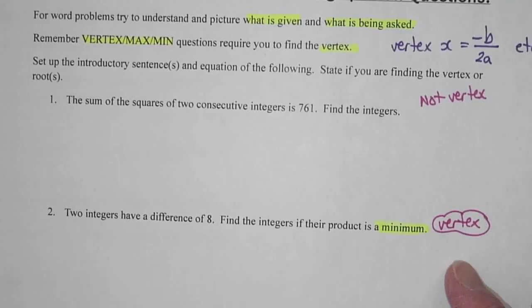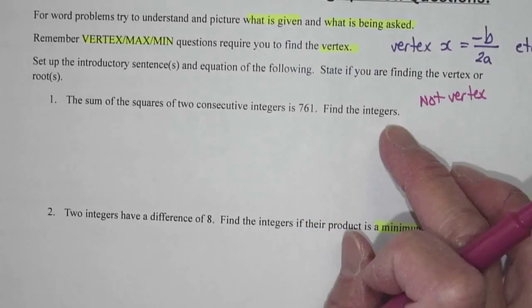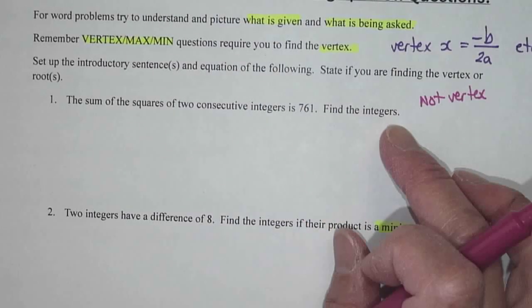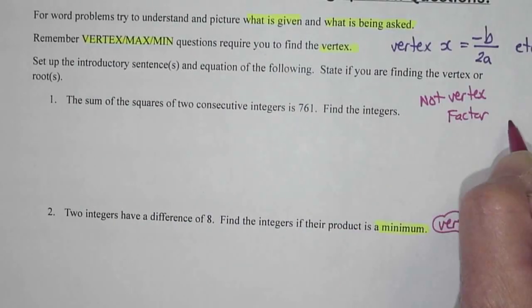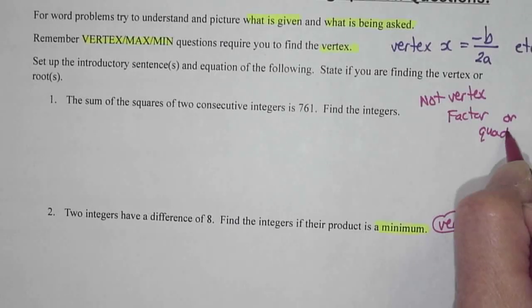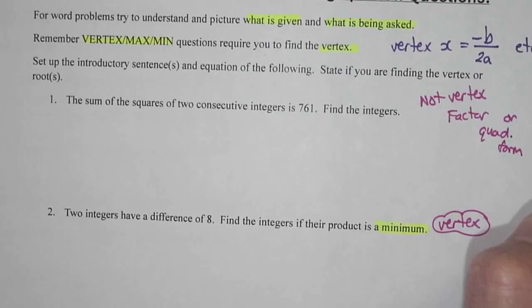When we solve this one, I'd be using vertex x equals negative b over 2a or any of the vertex methods. For the other one, you're finding it by using probably factor or the quadratic formula. Does that make sense?